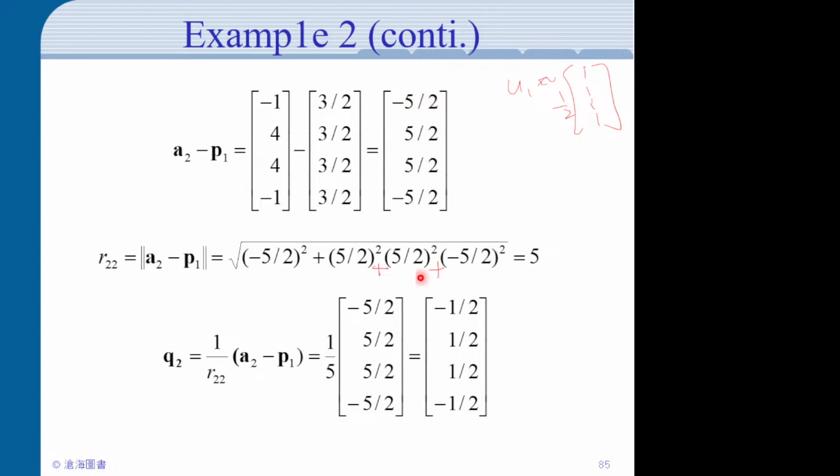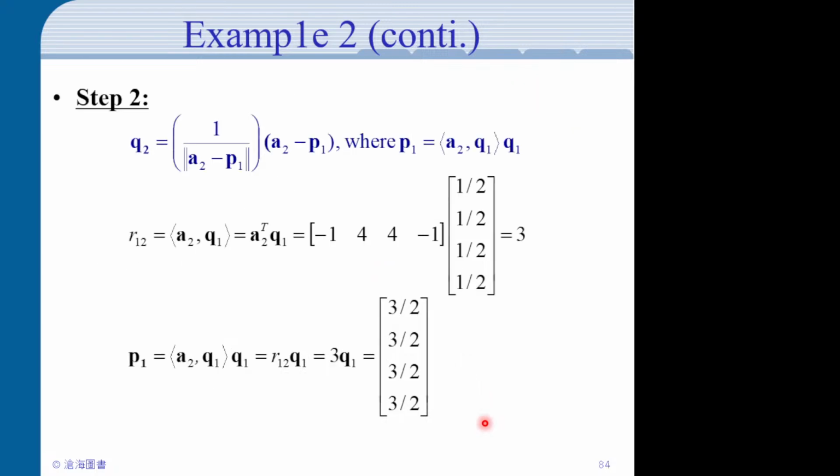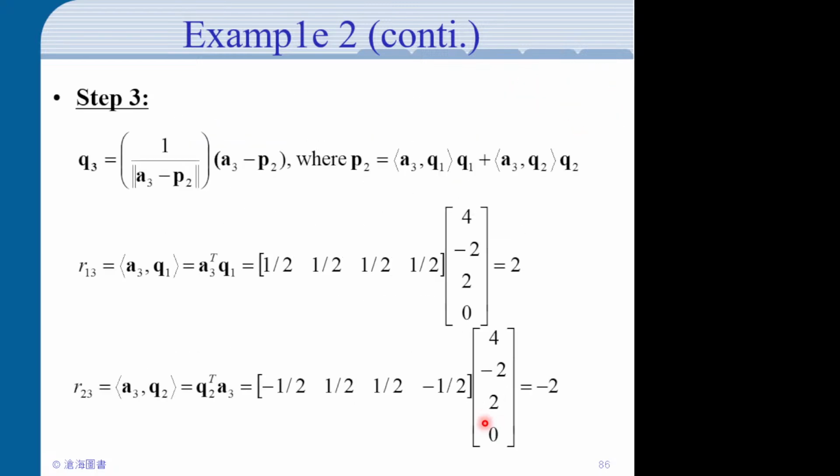There are 4 of them, taking the square root, that's 2. So 5/2 times 2 is 5. Finally you normalize this with this 5, and you get (-1/2, 1/2, 1/2, -1/2). And lastly, we want to do Q3, which is even more calculation.